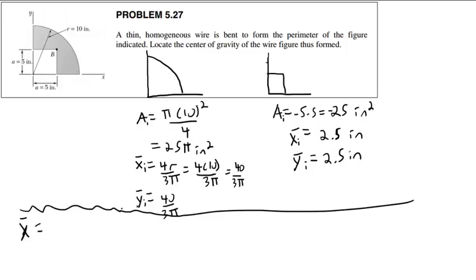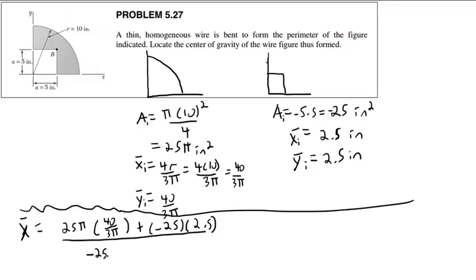Overall x bar is going to be, all right, so I see 25 pi times 40 over 3 pi, plus negative 25 times 2.5, over negative 25 plus 25 pi.